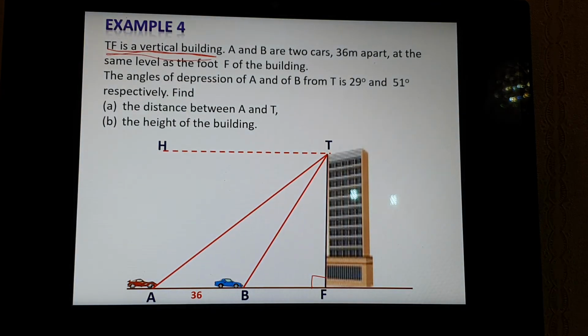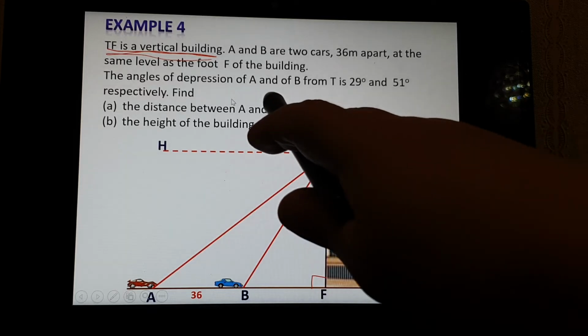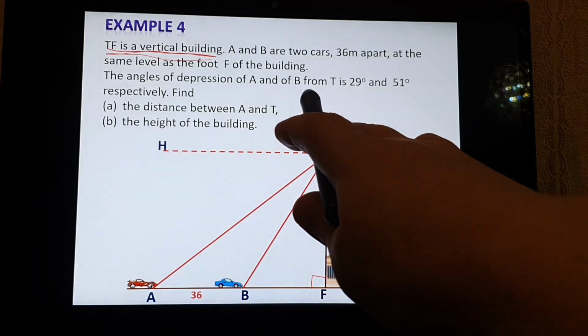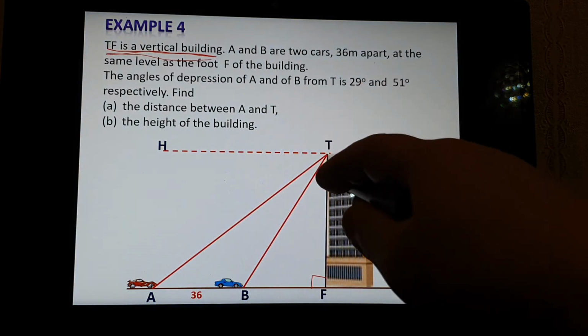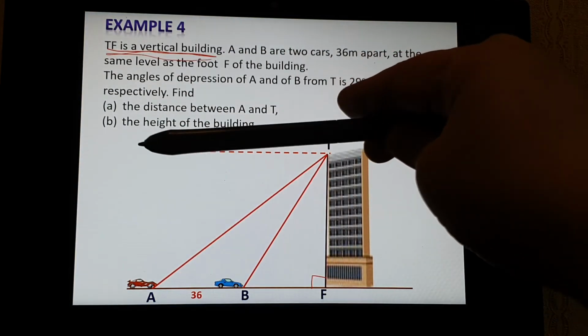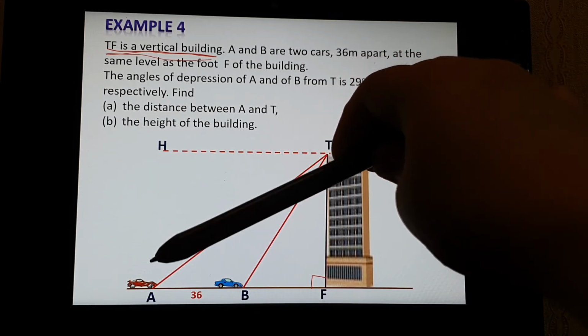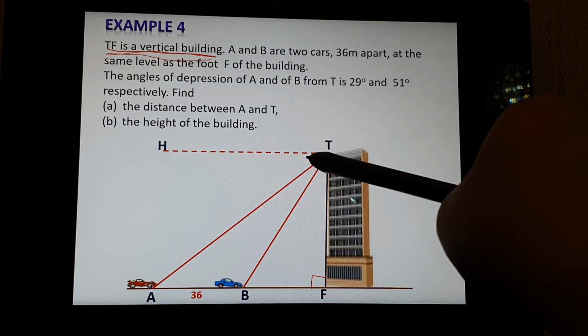Okay? Now, they tell you the angle of depression of A and of B from T is, that means you're at T. You look at A. What is the angle here? 29. So you label here 29.